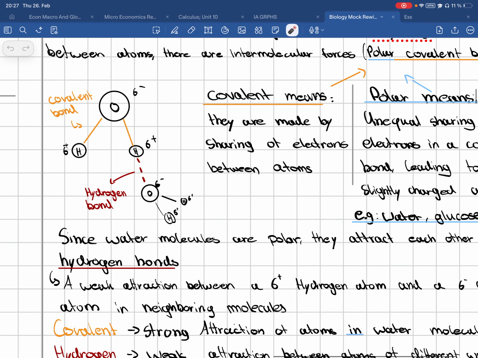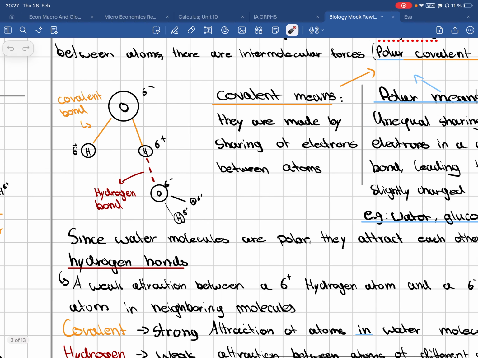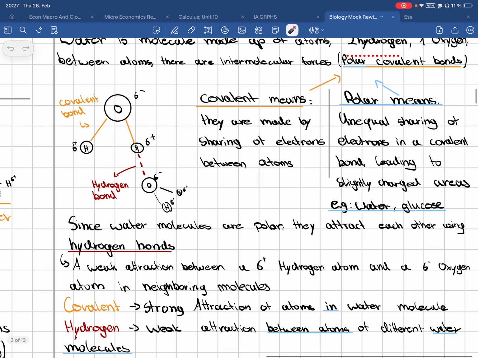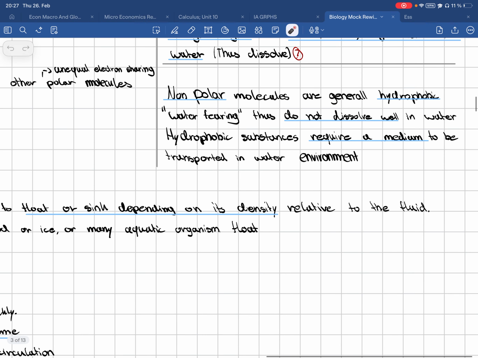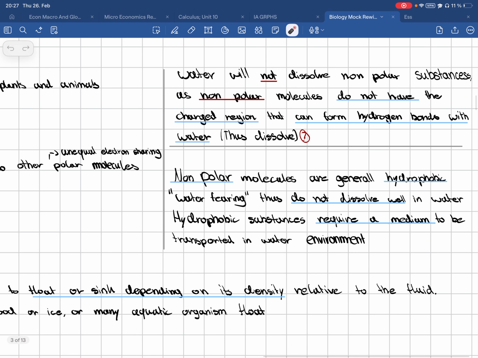They have an equal sharing of electrons, because the unequal sharing of electrons causes this charged region, right? If it would be equal, the charge would be zero. That's the logic behind it. That's how I remember it. Now, non-polar molecules are hydrophobic.